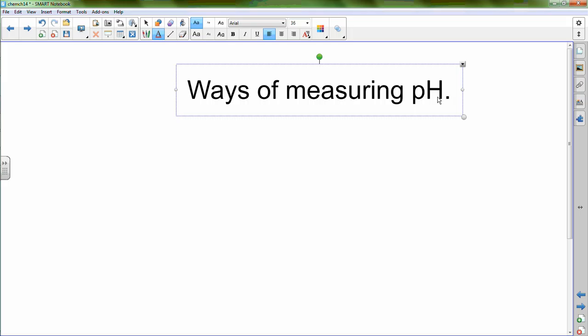So here, if we put that pH strip in, I don't know what they say about vinegar. You can see it changed color slightly. On the side of the pH strips, there's a chart that you can match up, and you can see that this has a pH of about 5.